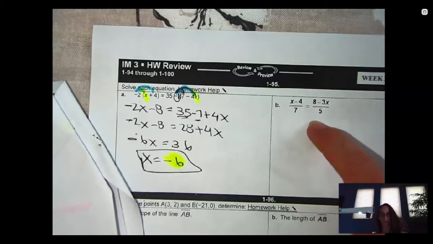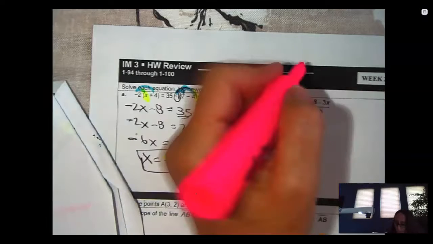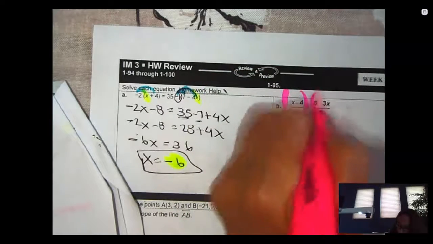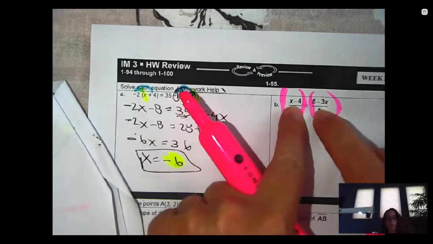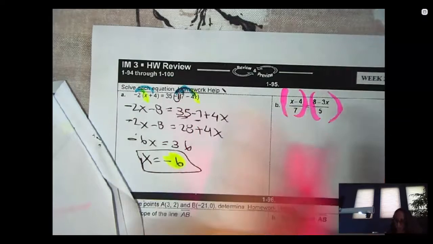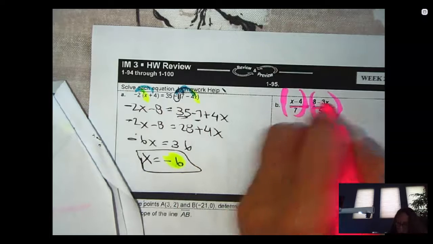Okay? All right. Now let's look at letter B. In letter B, the issue is that there's a number on the bottom. So I don't like when there's numbers on the bottom because that's intimidating to me. So if those numbers were gone, my life would be easier. So I know that this means divide by 7. This means divide by 5.